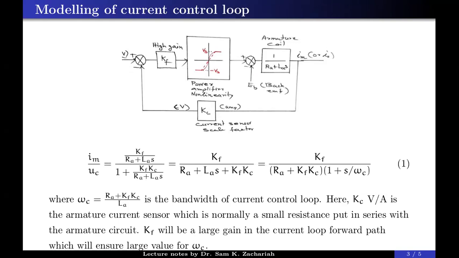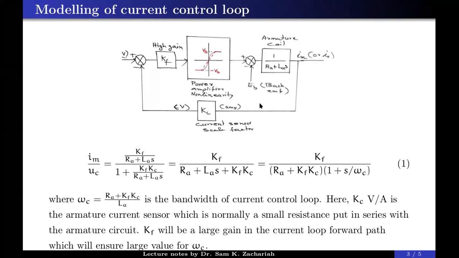If you are designing any controller, the inner loop will be of higher bandwidth, and the outer loop will be 5 to 10 times smaller than that of the inner loop. If one more loop is used, that should also be 5 to 10 times smaller. That is the design procedure.